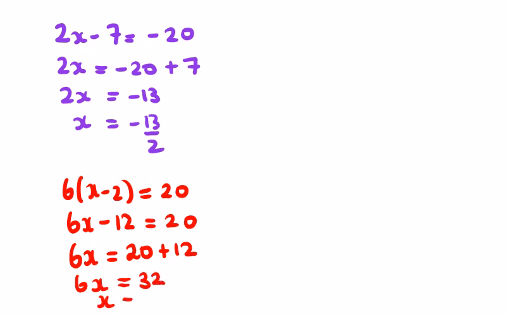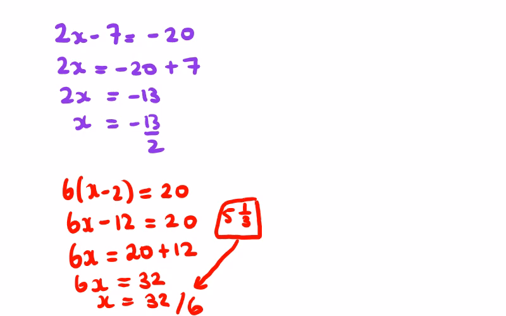So x equals 32 over 6. Not 36, 32 over 6. And that will simplify down on the calculator to 5 1/3. If you want to write 5 1/3, we'll give full marks for the improper fraction as well. So just type it into your calculator, it will simplify it for you.